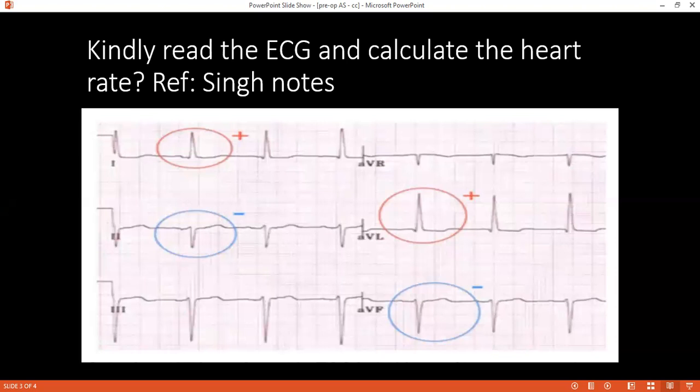How would the left ventricular end-diastolic volume or pressure be affected? What will be the effects on left ventricular end-diastolic pressure, LVEDP? Would it increase or decrease? Because in aortic stenosis, cardiac output is fixed.